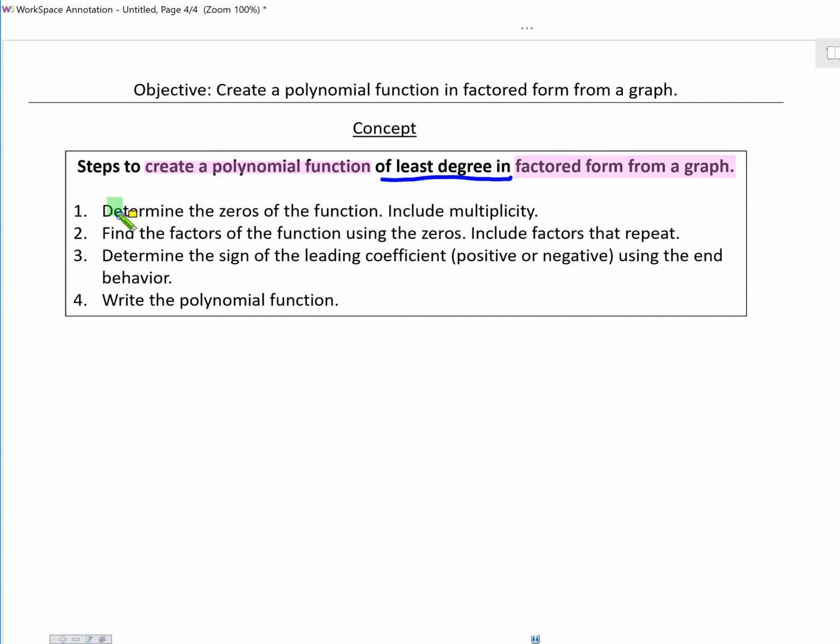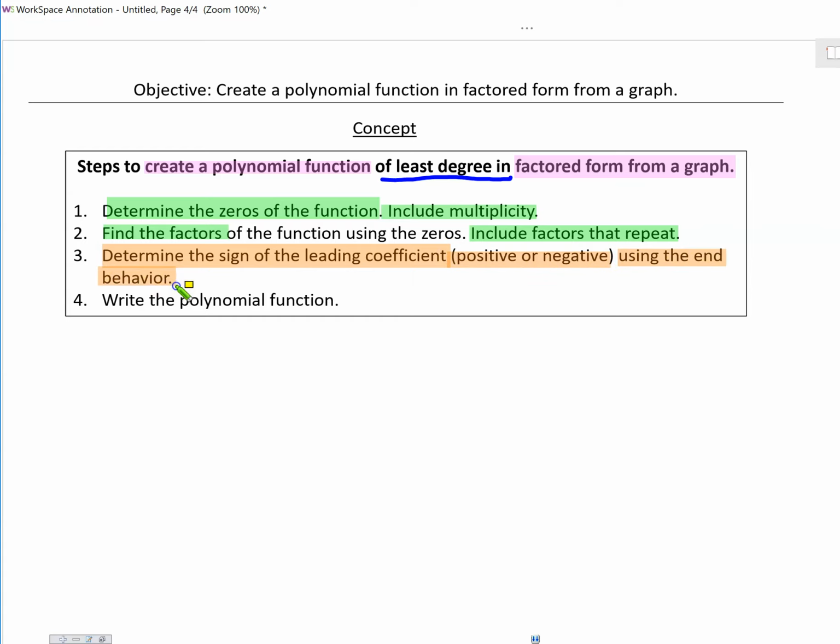So we have to determine the zeros of the function and then make sure that we include multiplicity because that actually creates repeated factors. So from those zeros, we find the factors of the function. And again, the multiplicity makes factors repeat more than once. We want to determine the sign of the leading coefficient, so this is whether a is positive or a is negative using the end behavior.